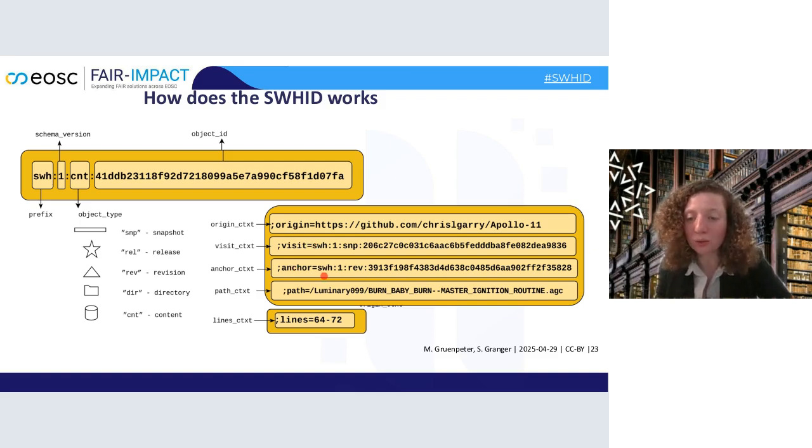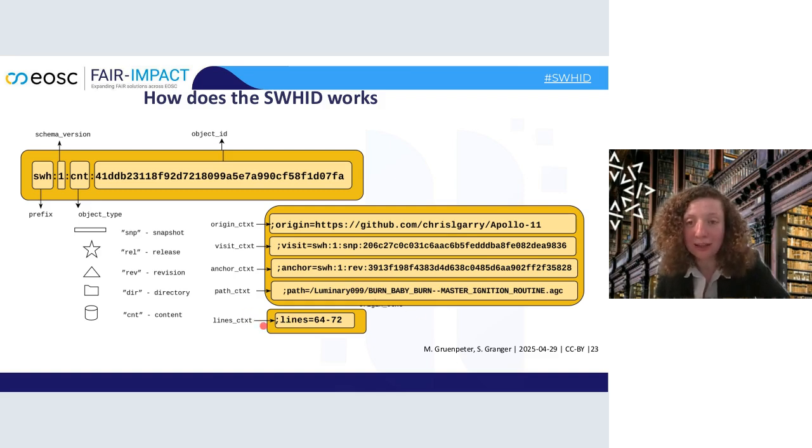Then you have an anchor SWHID, which will be a revision, which is one of the items in the graph, that is, the exact path in the graph, and it concludes with also the path in the directory. So maybe if it's a file which is lower in a subdirectory like here, you will have the complete file with the name of the file.